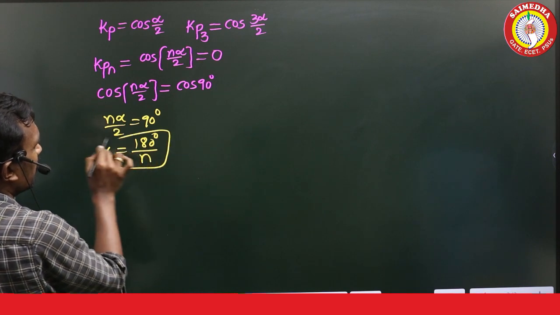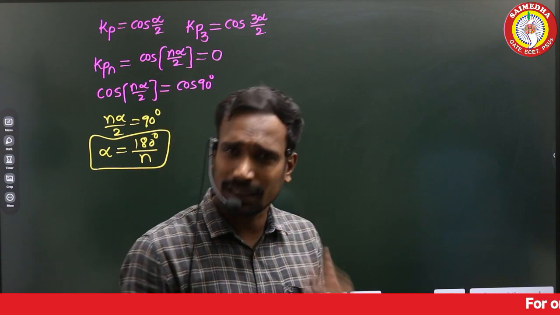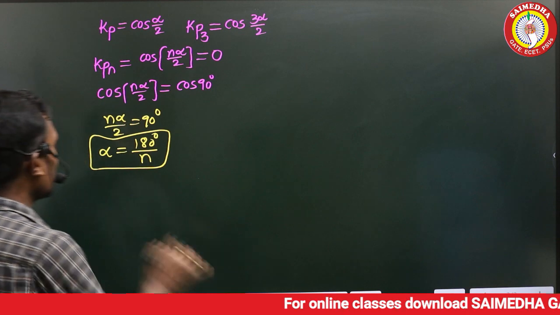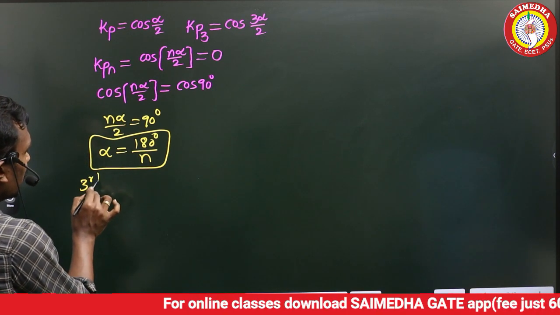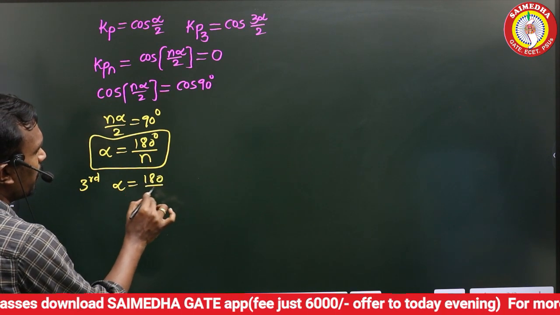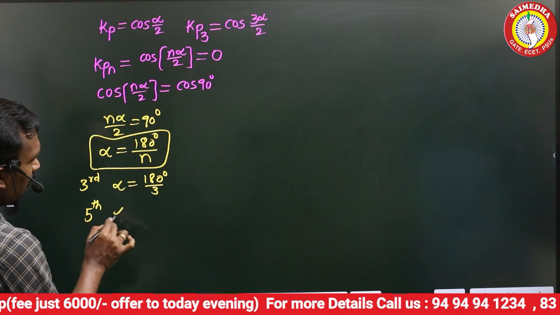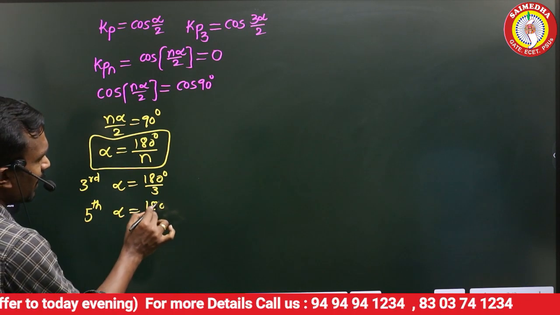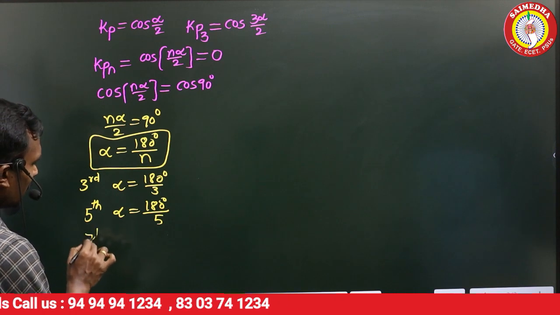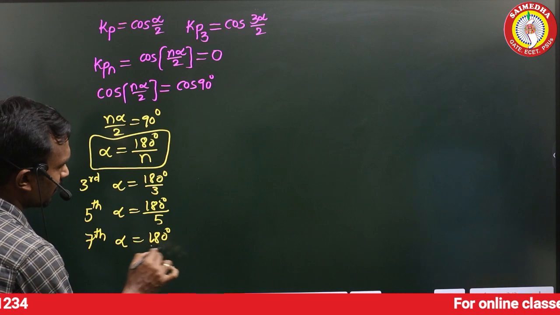This is the short pitch angle to eliminate nth order harmonics. For example, to eliminate third order harmonics, alpha is equal to 180 upon 3. For fifth order harmonics, alpha is equal to 180 upon 5. For seventh order harmonics, alpha is equal to 180 upon 7.